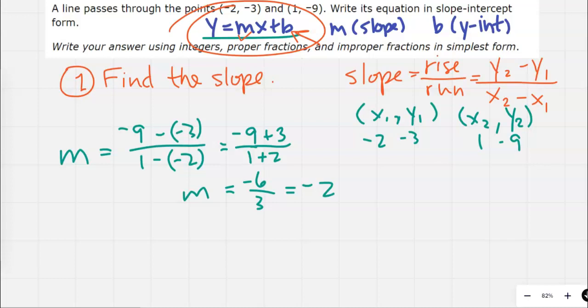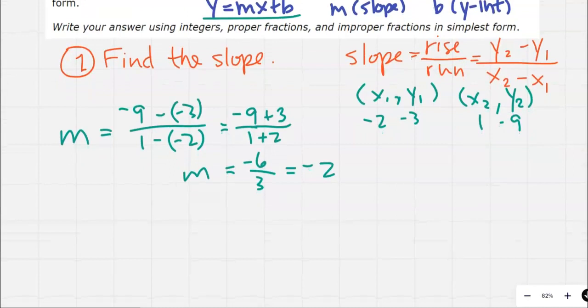We don't need to do both; just one of them is sufficient, and that will help us find our b. Just a quick note: no matter which point you use, if you've figured out your slope correctly, you will get the same y-intercept value. There isn't some magic trick of needing the first point versus the second point. Just simply choose one and run with it.